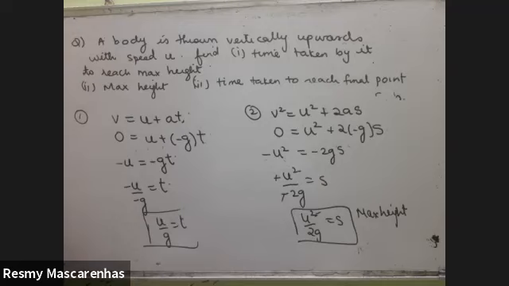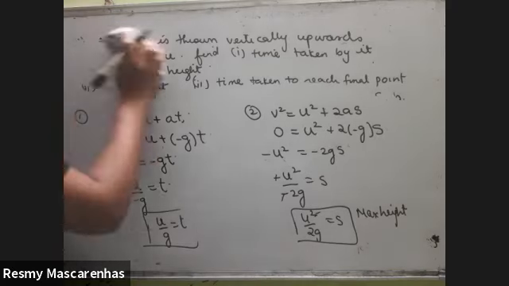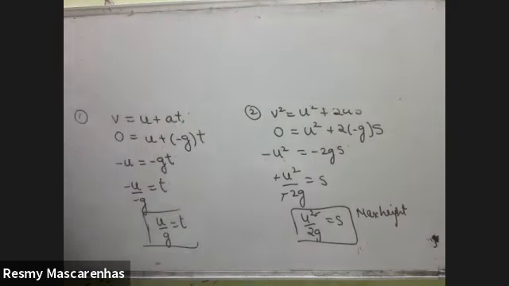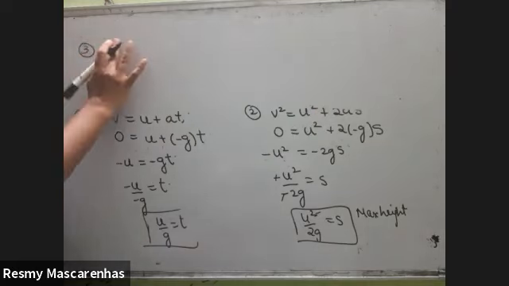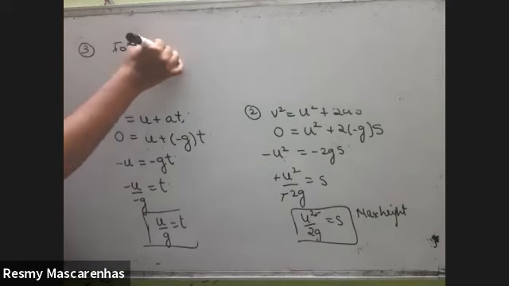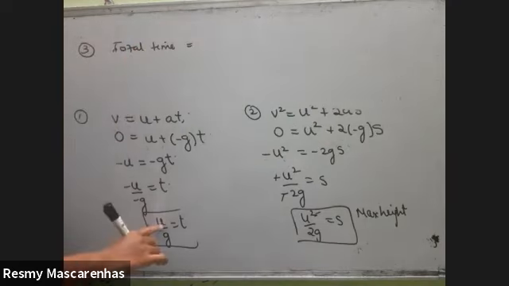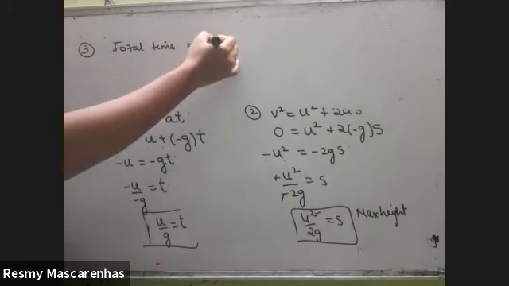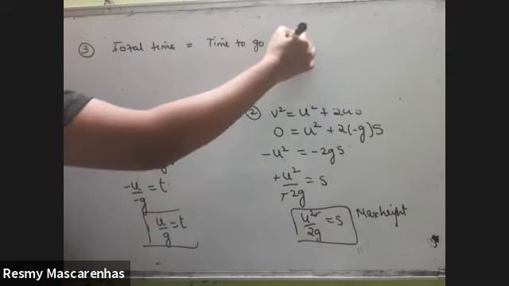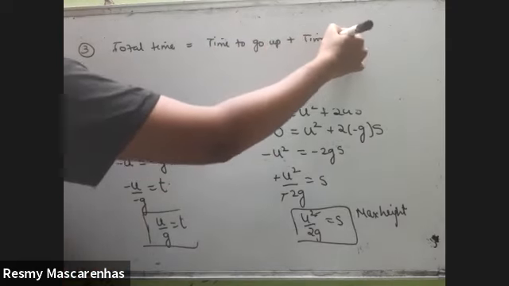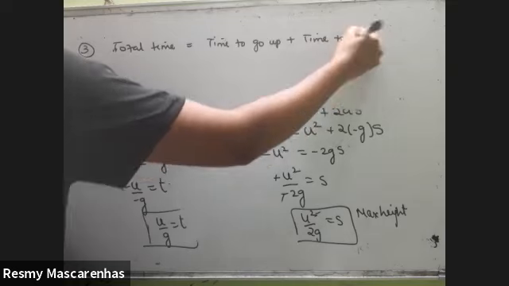And the third part, time taken to reach the final point. Final means back to the ground, so it means the total time. To go upwards, how much did I tell you? Time to go upward plus time to go down, to reach down.